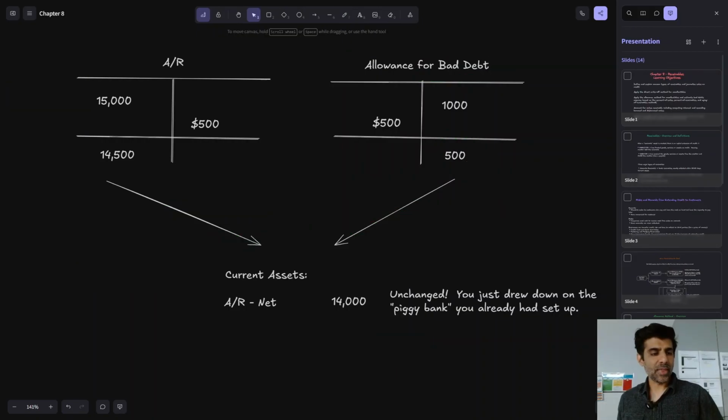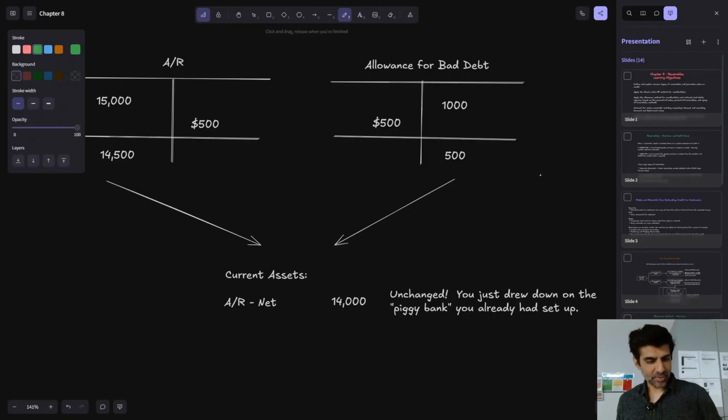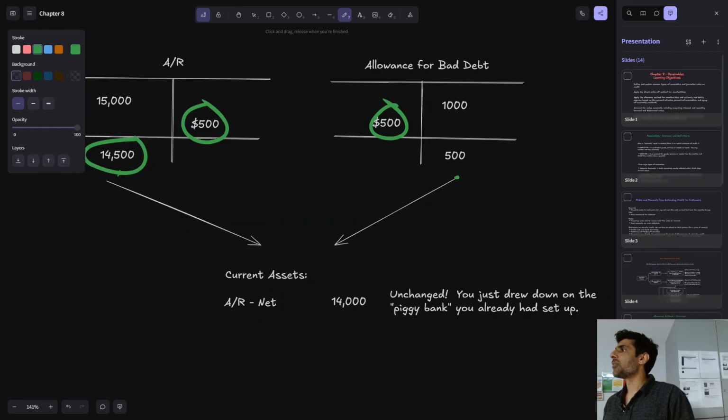So how about this? Let's say this was the only write-off that happened this year, okay? And this $500 write-off. Okay, so now these are our balances at the end of the year, right? So now we're going to do another estimate. We're going to say of this 14,500, maybe we expect $500 of that to be uncollectible.